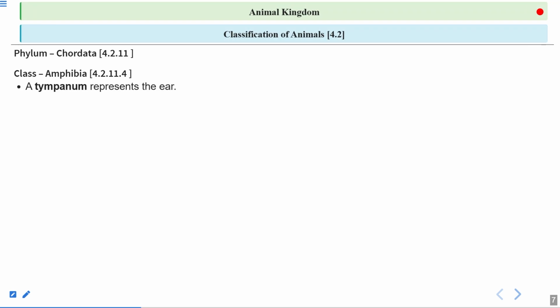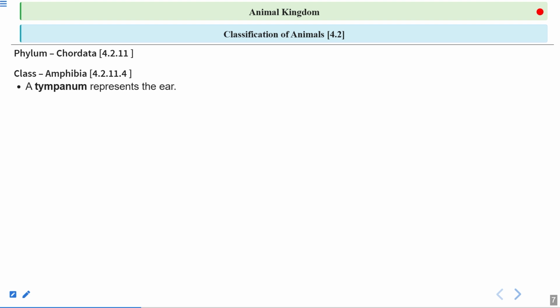A tympanum represents the ear. What is the meaning of tympanum? Tympanum is the eardrum actually. It is a membrane-like structure, that is the eardrum, right? So whatever waves come, they directly get to the tympanum, and the waves get enhanced many times in their internal ear, right?